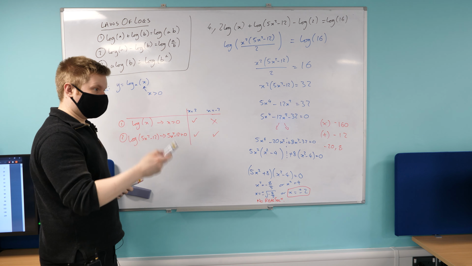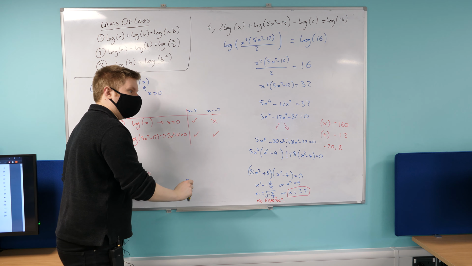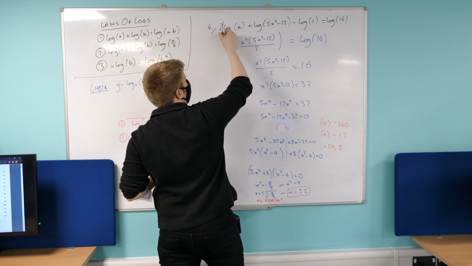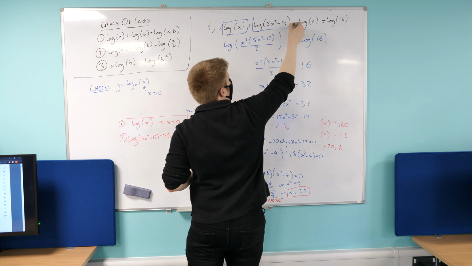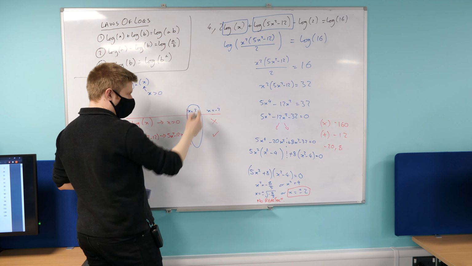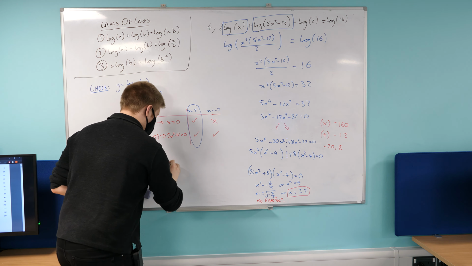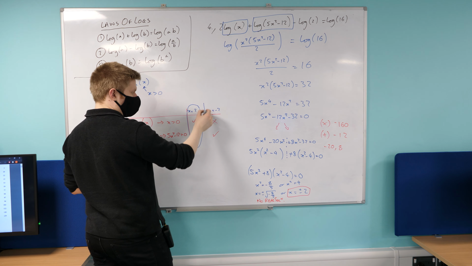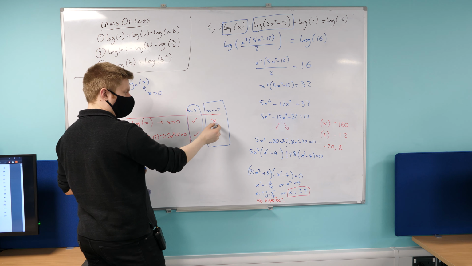Now what I need to make sure is that whatever x value I use, it's got to work in both of these logarithms, both this one and this one. Are you happy that x equals 2 works in both of those logarithms? So I know x equals 2 is a solution. But the issue is that negative 2 does not work in both logarithms.